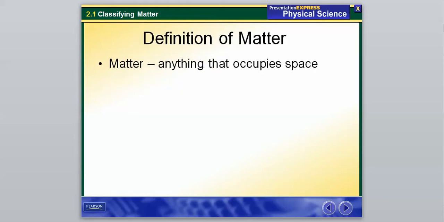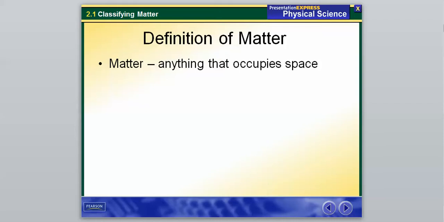Matter, to put it simply, almost maybe a little bit too simply, is anything that occupies space. So we are going to focus on the properties of any single object that occupies space within our world. It's anything that we can feel that is there. We can consider that to be matter, and there are obviously a lot of different properties that we have to classify these different types of things.